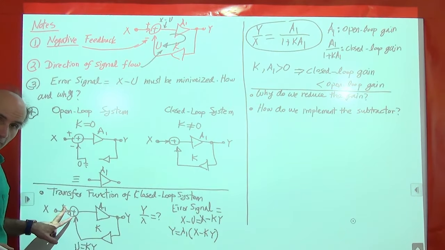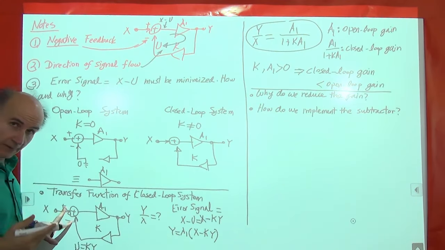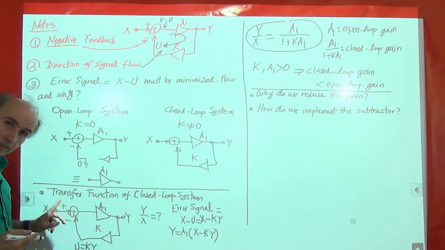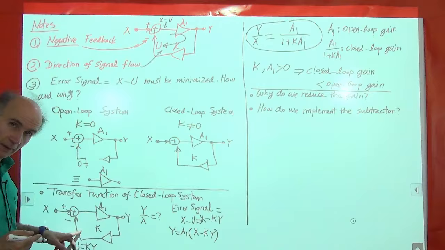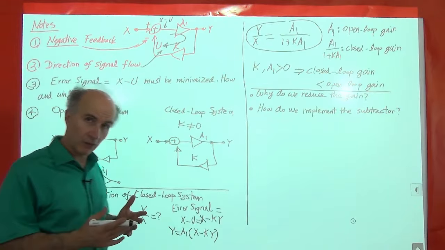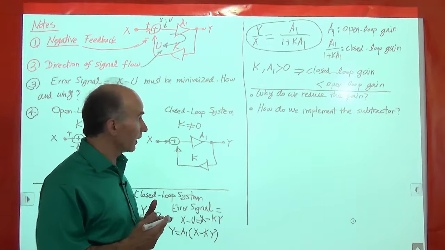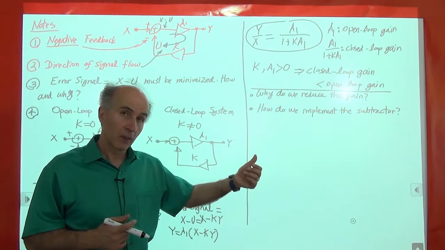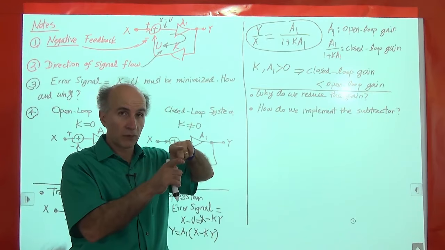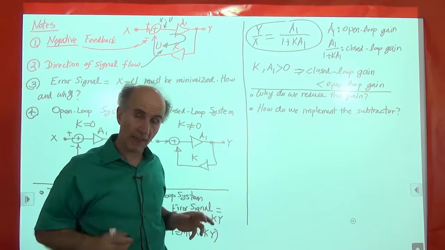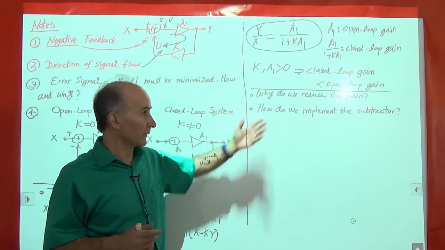How do we exactly implement this if you are designing circuits? In other words, how do I subtract two quantities? I can subtract two voltages, I can subtract two currents or other parameters of the same dimension. So how do we do that exactly? In the cruise control example, we saw that we subtracted two voltages using an op-amp. So that's a good candidate, we should remember that, but generally we'll have to answer this question later.